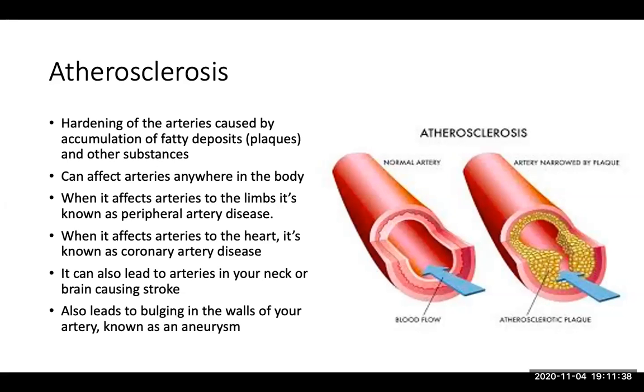This can affect arteries anywhere in the body, and when it affects arteries to the limbs, it's known as peripheral artery disease. And when it affects arteries to the heart, it's known as coronary artery disease. It can also affect arteries in your neck or brain, which could cause a stroke. And it could also lead to bulging in the walls of your arteries, known as an aneurysm.